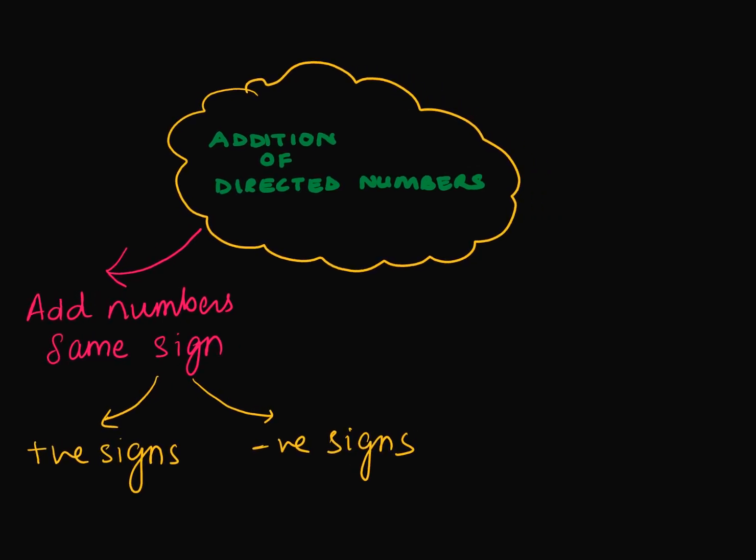Also, it is possible that you have to add numbers with different signs, meaning with opposite signs. So add numbers with opposite signs. So we are going to study the addition of directed numbers in this way.